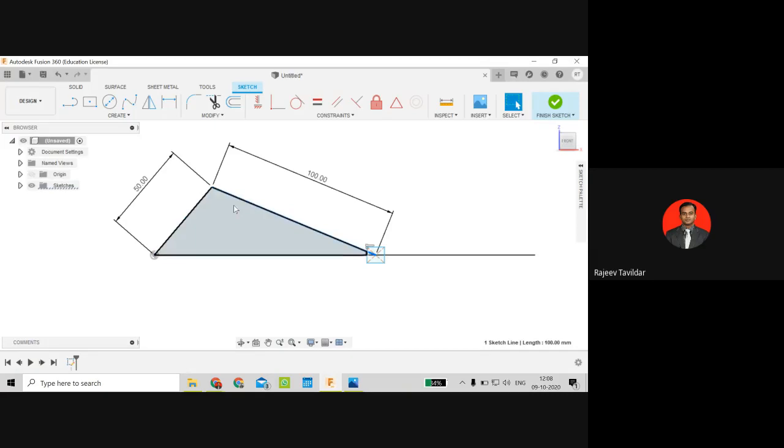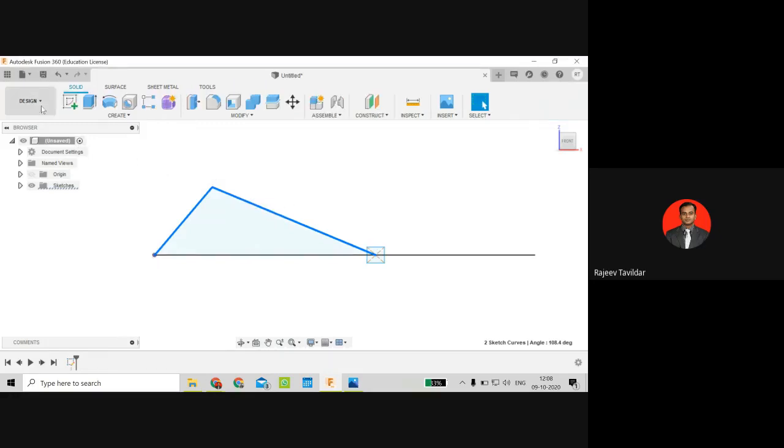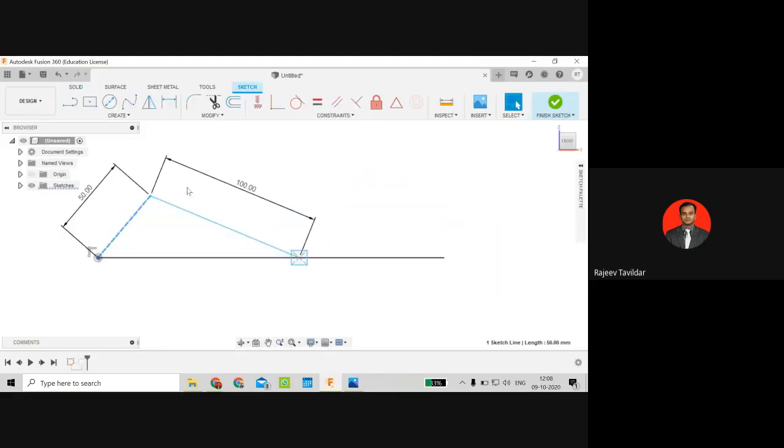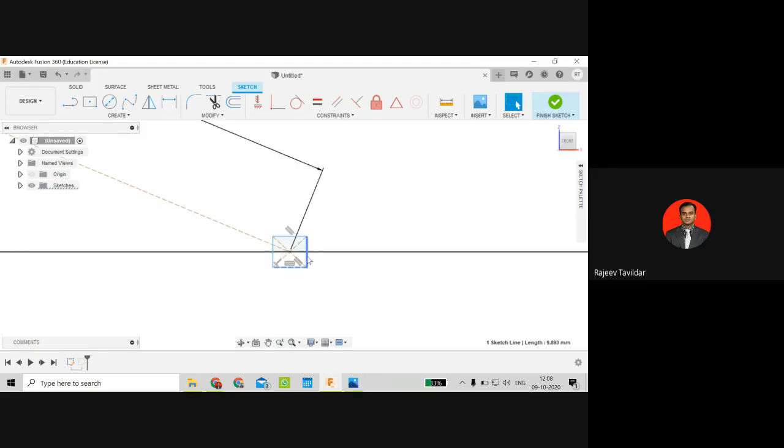So let us do that and check it out. I'll keep this hidden or in a construction manner.